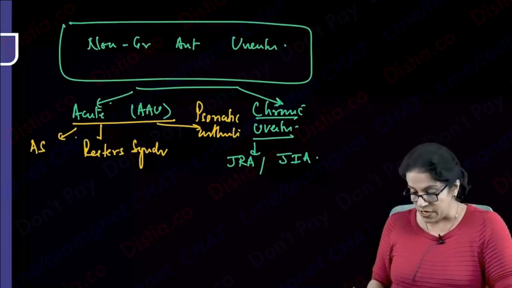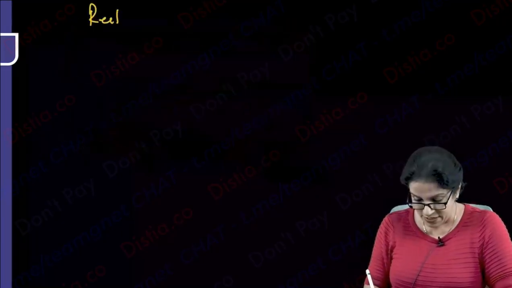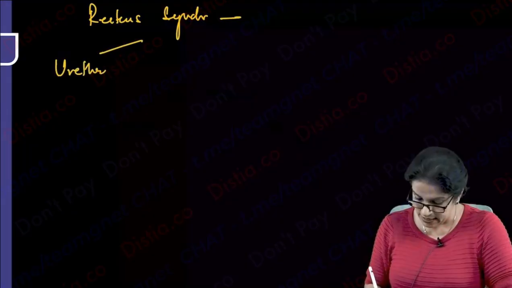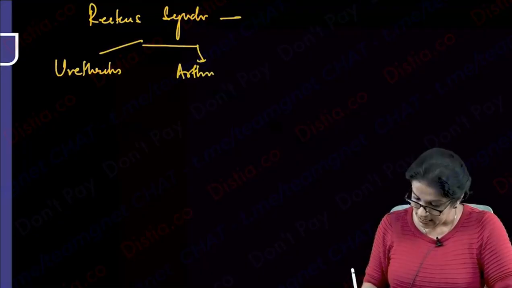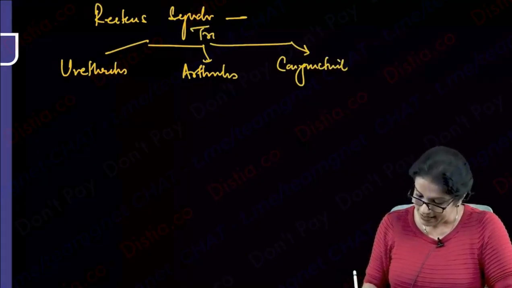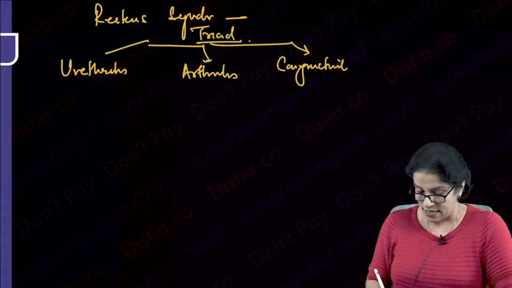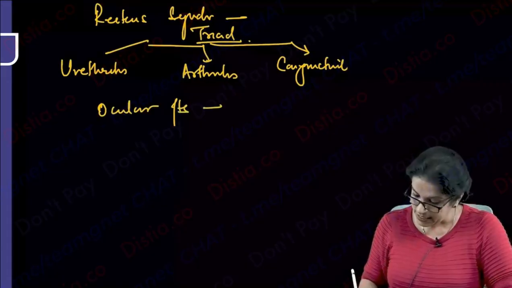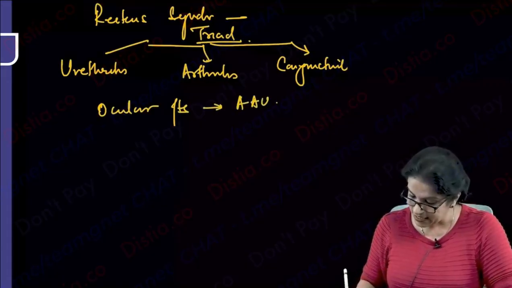Now when I talk about Reiter's, what is the triad of Reiter's syndrome, all of you? I think we all know this. This is urethritis, it is arthritis, and conjunctivitis. This is the typical triad of Reiter's. But apart from that, other ocular features, it will present as acute anterior uveitis.